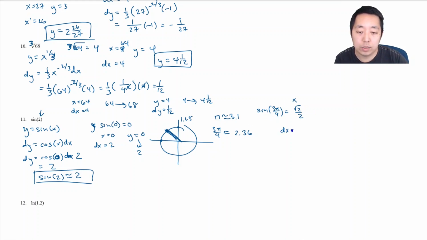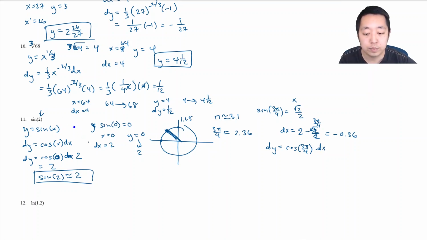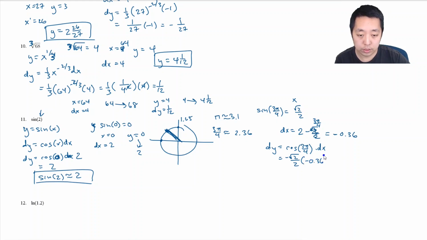My dx would equal the value I'm interested in, 2, minus 3 pi over 4, which I said was 2.36, so it's negative 0.36. So my dy would be cosine of 3 pi over 4, my x value, times dx, using this equation over here. Cosine is negative root 2 over 2, and my dx is negative 0.36.